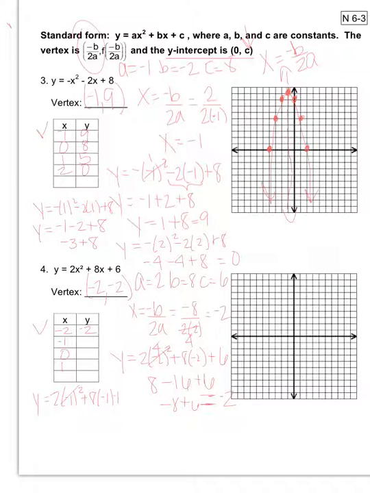We're going to get, that would be positive 1, so that's 2. And then that would be negative 8. And then we have a plus 6. So that would be negative 6 plus 6, which equals 0.